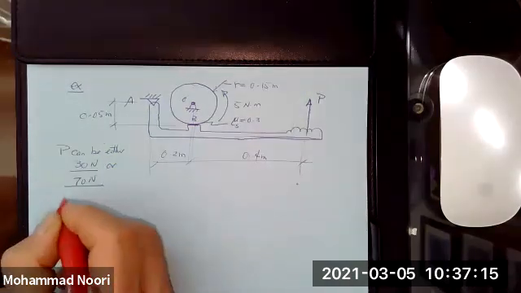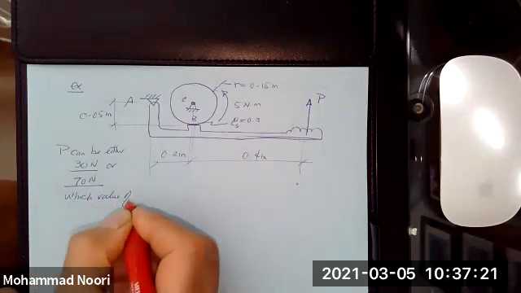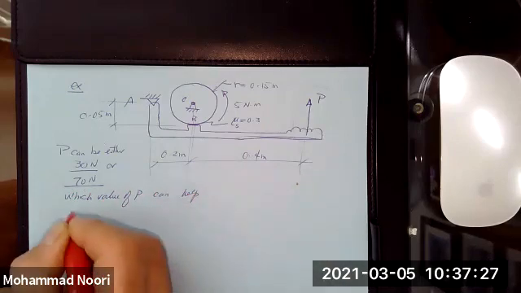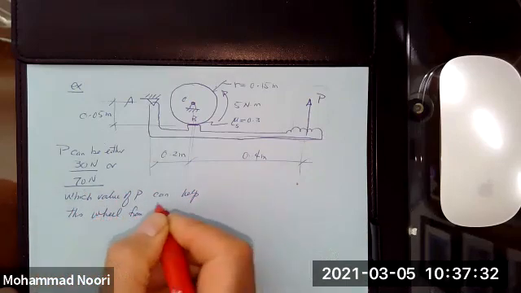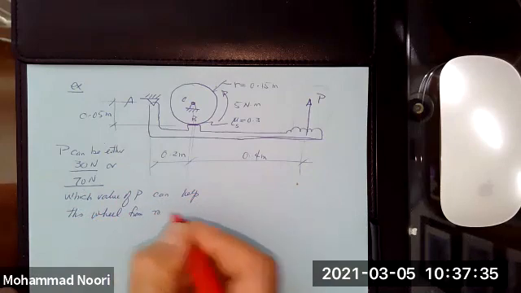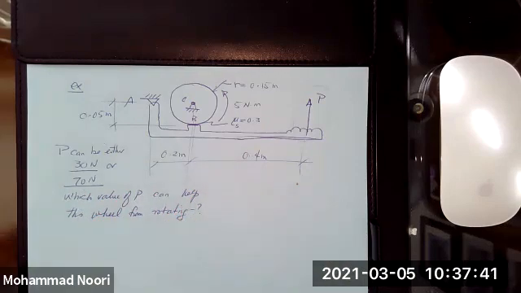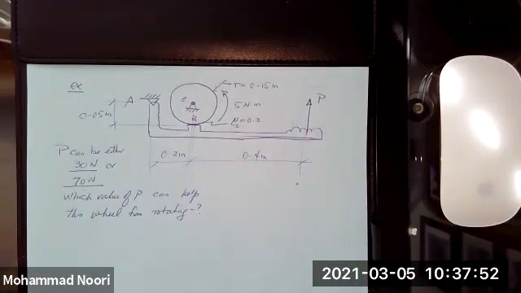You want to know which value of P can keep this wheel from rotating, or keep this stationary. Again, explicitly, I didn't say this is in equilibrium, but you want it to be in equilibrium, right? So you want to find the value of P such that the system is in equilibrium. So that is type number one.